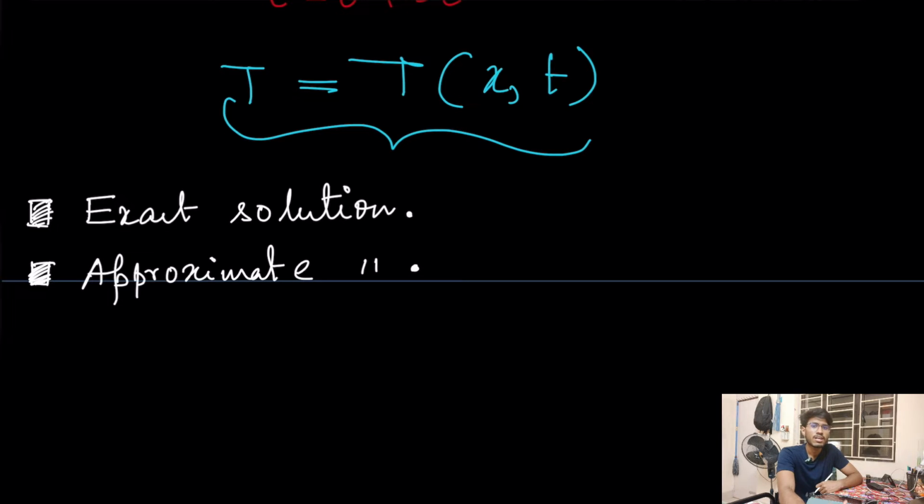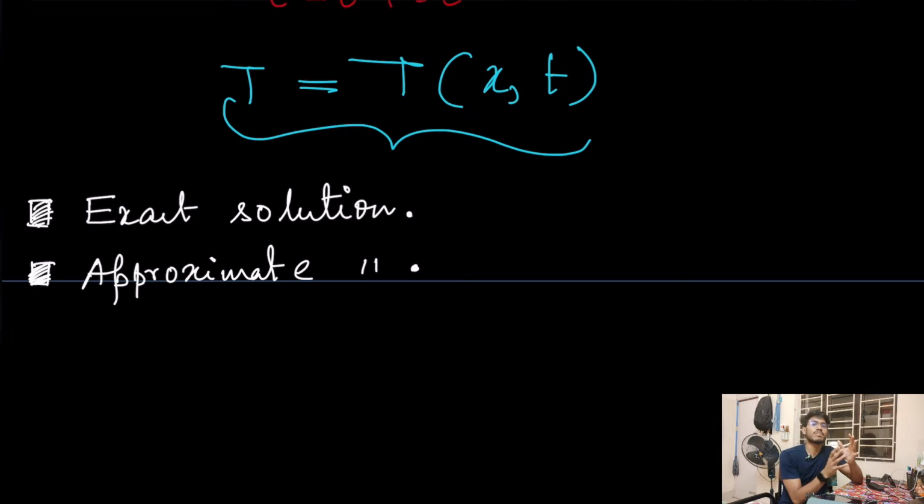That is a very valid question. But the complexity of the exact solution is much more than the approximate one. You have to see how much the result from the approximate solution deviates from the exact solution. If the deviation is very small, maybe 1% or 2%, even 5%, then you can happily use the approximate solution.